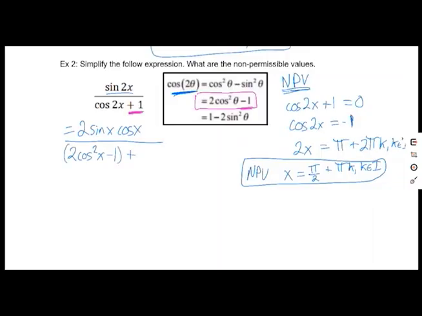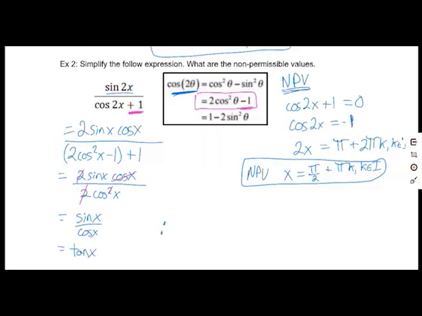So that's the identity I've used. And then I still have that +1 in the denominator. So the 1's are going to cancel, and I get a 2 cos squared x. I can now start canceling common factors in the numerator and the denominator, and I'm left with sine of x over cos of x, which of course is tangent.